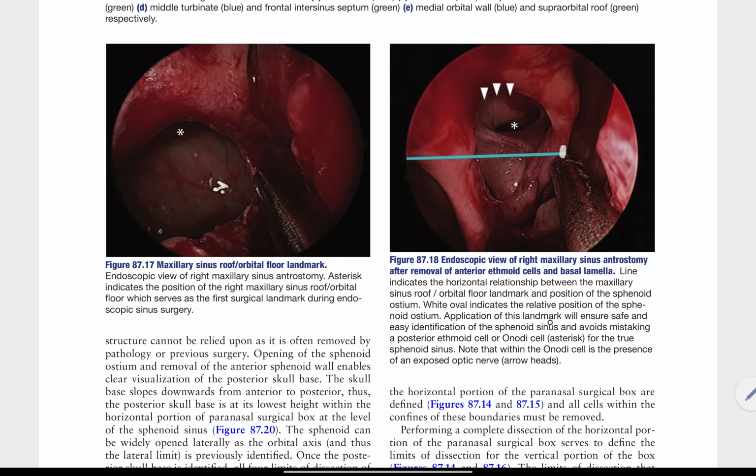Application of this landmark will ensure safe and easy identification of the sphenoid sinus and avoids mistaking a posterior ethmoid cell or Onodi cell (asterisk) for the true sphenoid sinus. Note that within the Onodi cell is the presence of an exposed optic nerve (arrowheads).